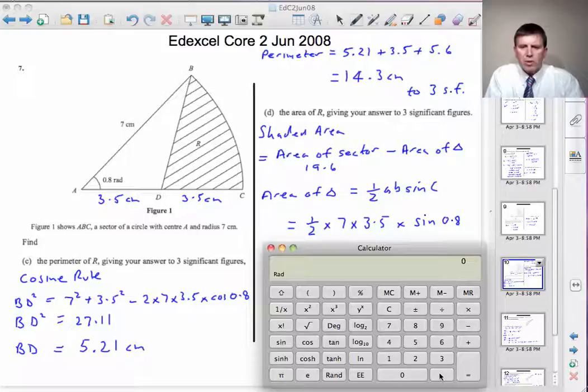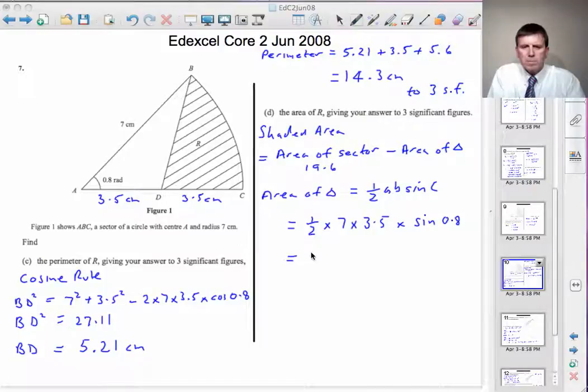So we've got 0.5 multiplied by 7 multiplied by 3.5 multiplied by the sine of 0.8. And that gives me 8.79 to 3 significant figures. That will be in centimetres squared.